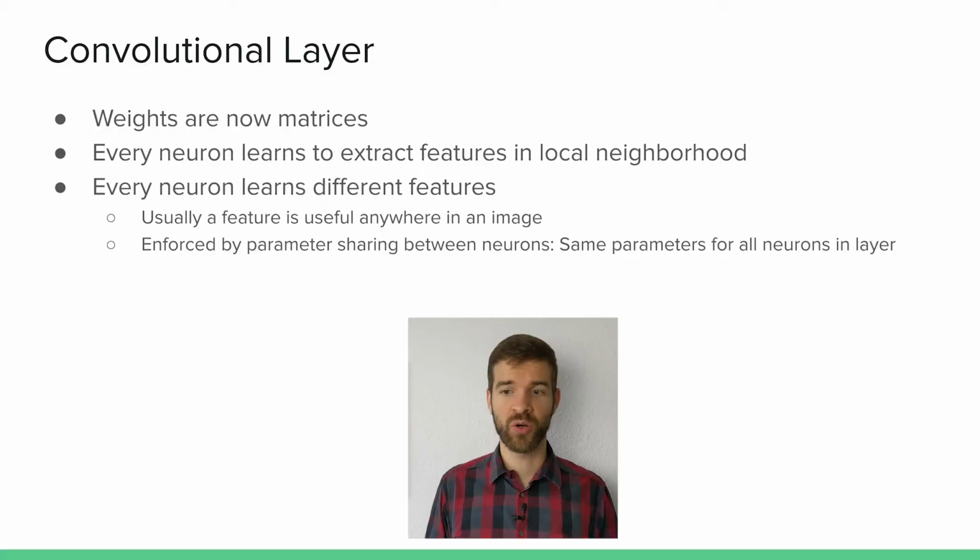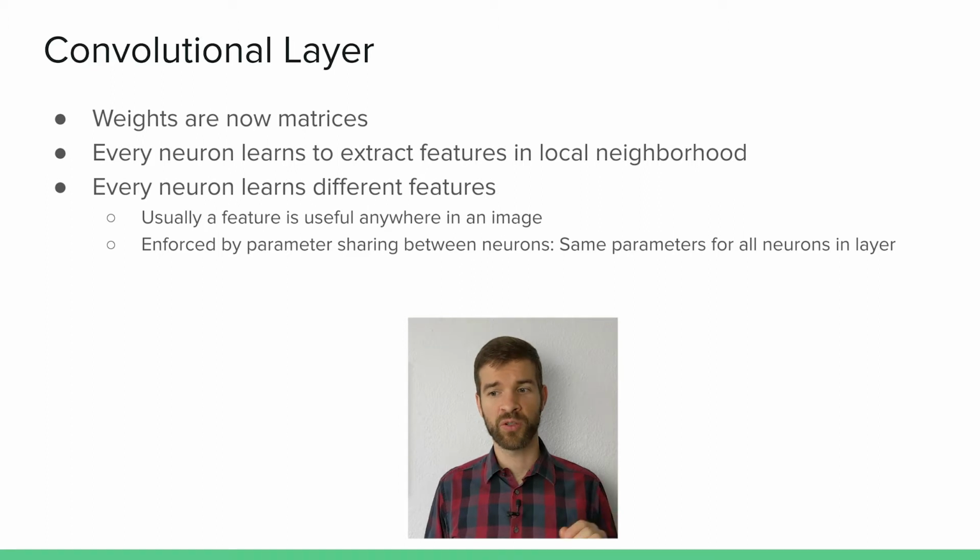So when you think about extracting features from an image, these features are typically useful anywhere in the image. So if one neuron is successful in figuring out that there is an eye, well, that eye could appear probably anywhere in the image. So we would like to reuse that knowledge. And to enforce this, we're doing so-called parameter sharing between neurons. So all the parameters that we use for all neurons in a single layer are the same.